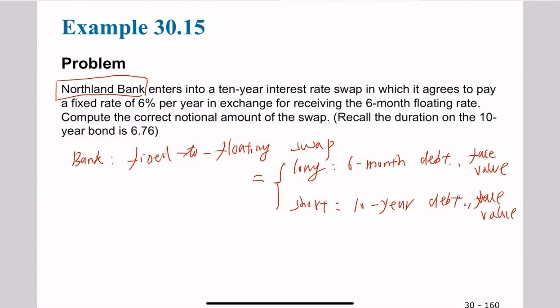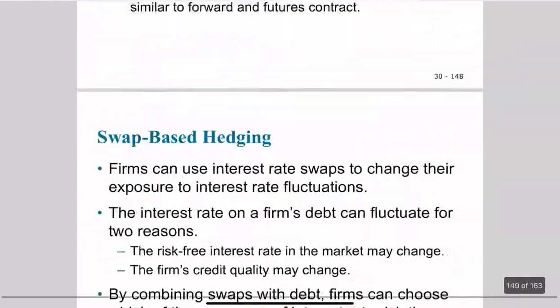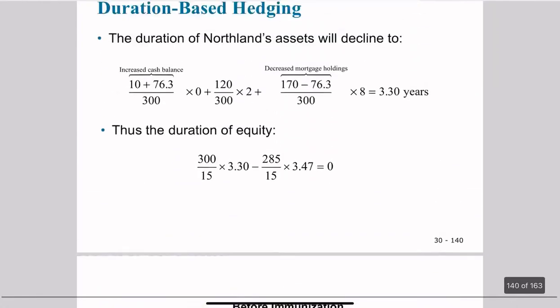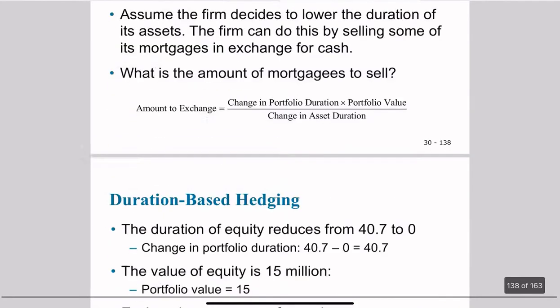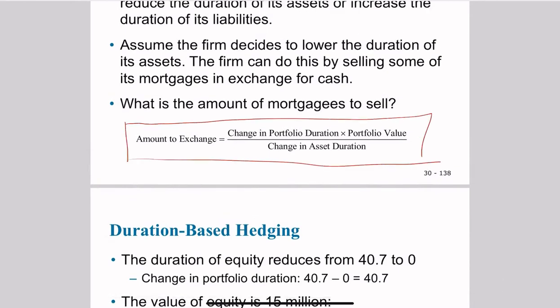So now we will be able to use the previous formula. Let me go back to the formula. The amount to exchange will tell us the notional principal.